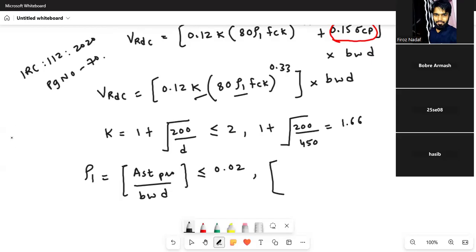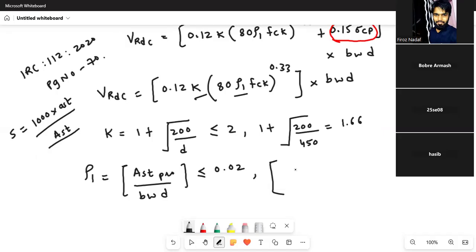The formula is spacing equal to 1000 into small AST divided by capital AST. Small AST is the area of one bar, that is the area of the 20 mm bar. 1000 is the width of the slab considered, and the spacing that we have provided is 150. So you can find AST.